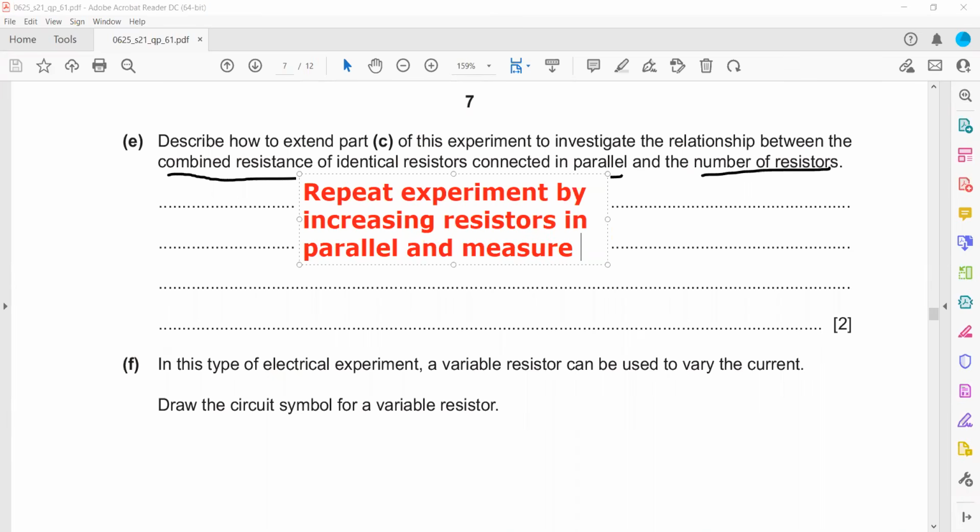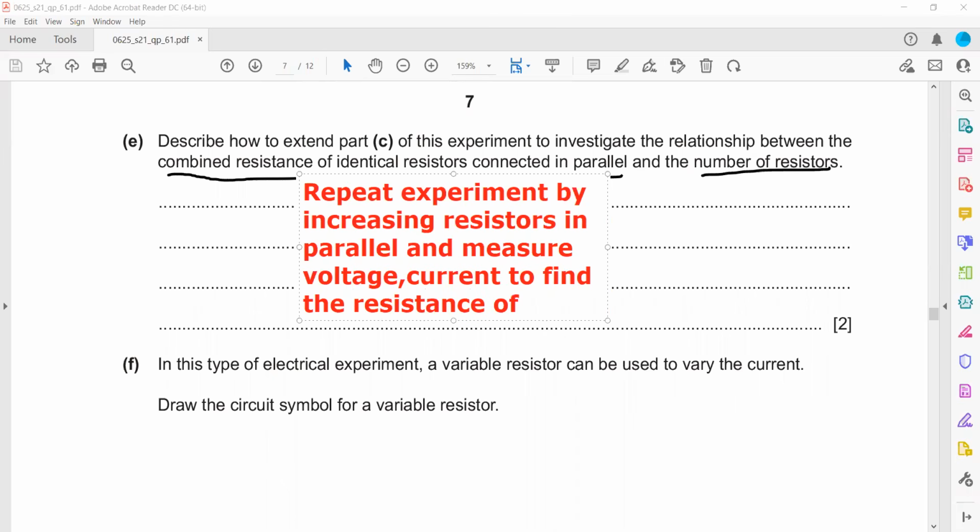And measure voltage and current to find the total resistance of the combination.